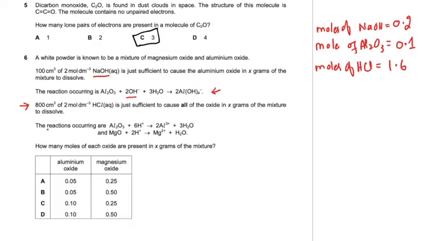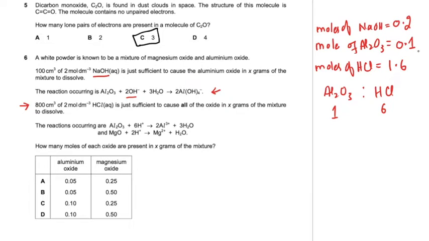The reactions occurring are these. Al2O3 reacts with 6 moles of H+ ions. H+ ions mean HCl. So what is the molar ratio between the aluminum oxide and HCl? 1:6. If you have 1 mole of aluminum oxide, 6 moles of HCl will be used.